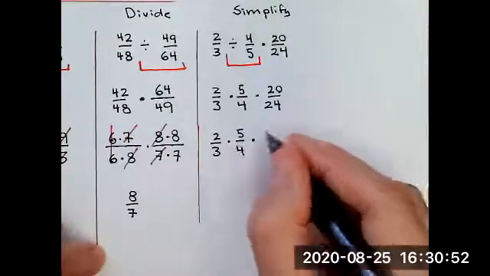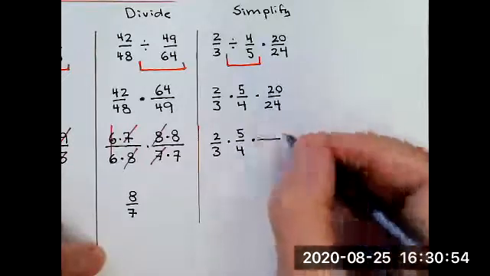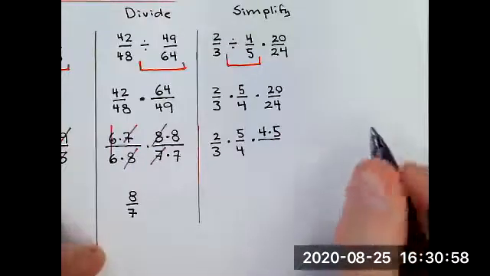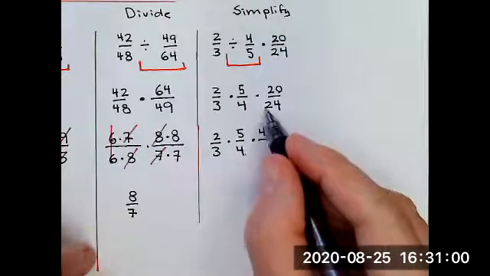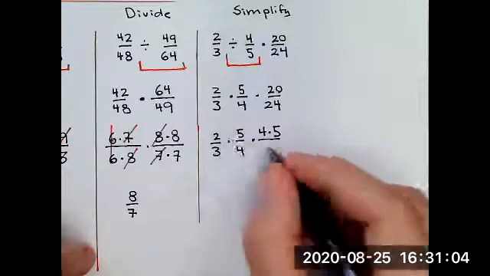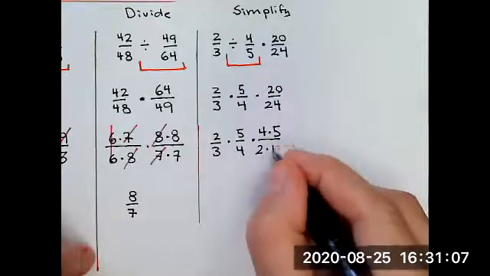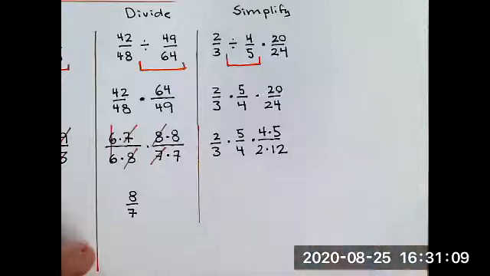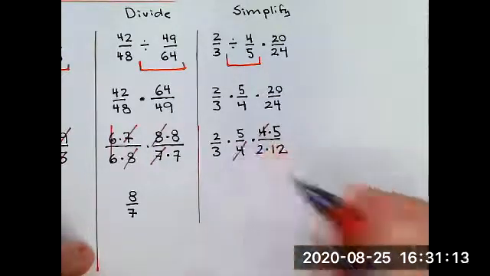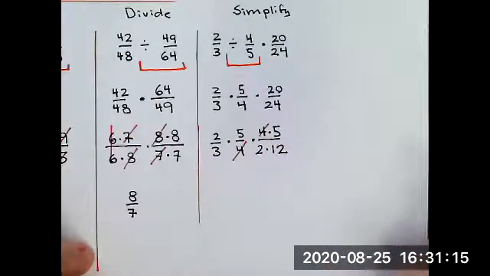I would break down that 4, but I'm noticing it goes into 20. 24. I'm looking at that 2, so I'm just going to write 2 times 12. Let's see what happens. You have 4 over 4 equals 1.